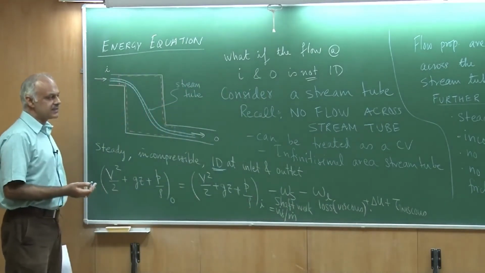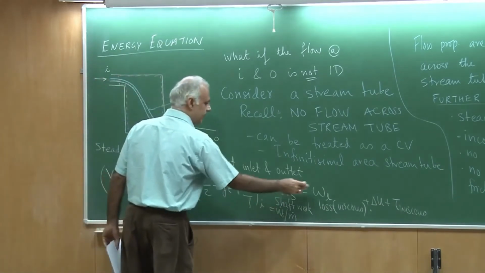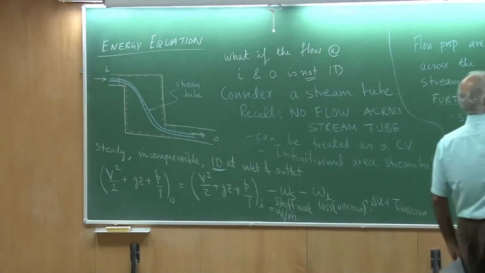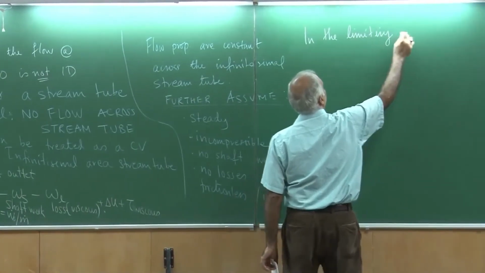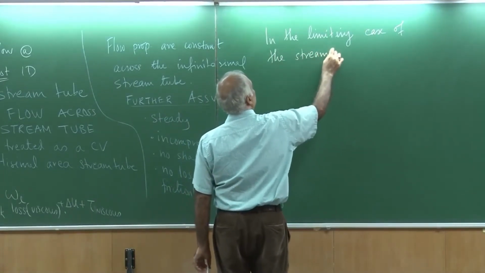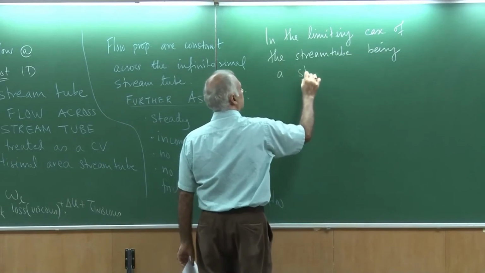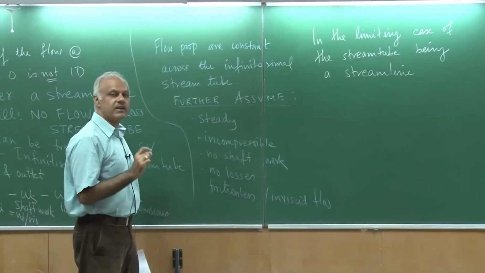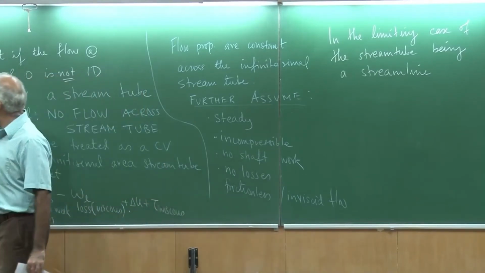But I am now assuming that the fluid is inviscid, it is a frictionless fluid, and therefore the shaft work goes away, the losses go away, and in the limiting case of the stream tube being a streamline, so I take the control volume which is already very thin, it is a stream tube, and now I take the limiting case so that the stream tube actually reduces to a line.